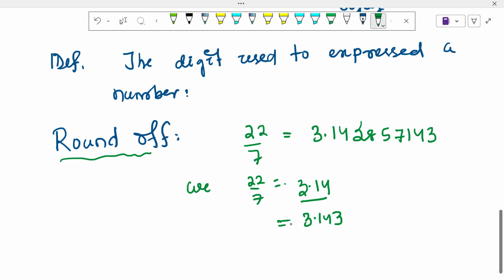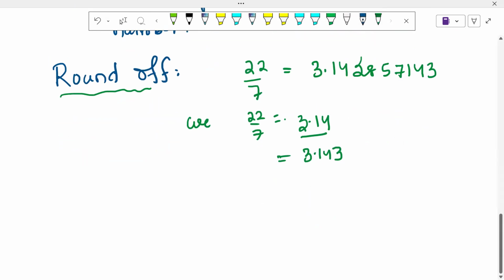The process of dropping unwanted digits is called round off error. Rule to find out.